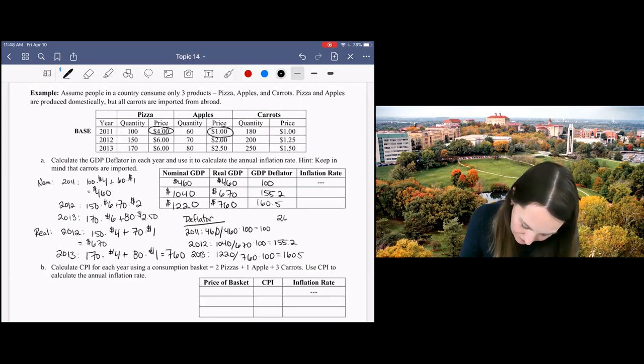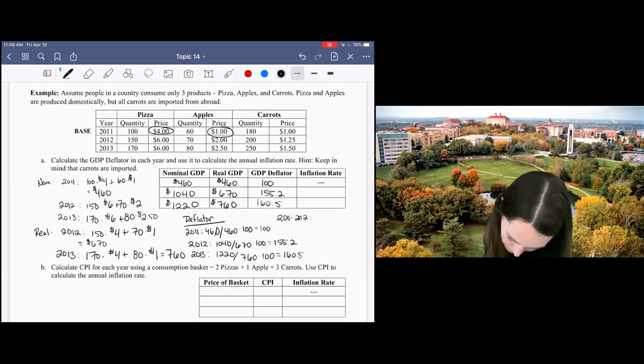So for inflation from 2011 to 2012, we've got an increase from, that's new minus old over old, and that's going to give me 55.2% inflation.